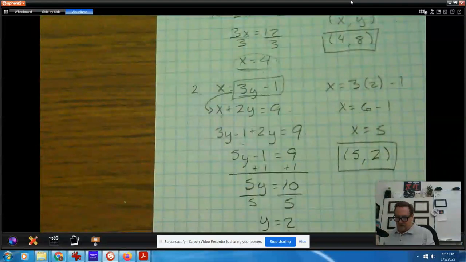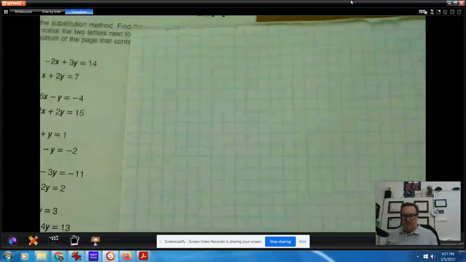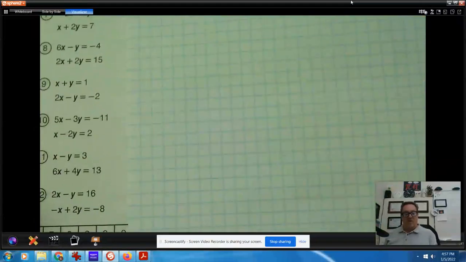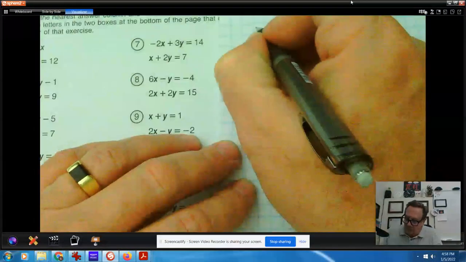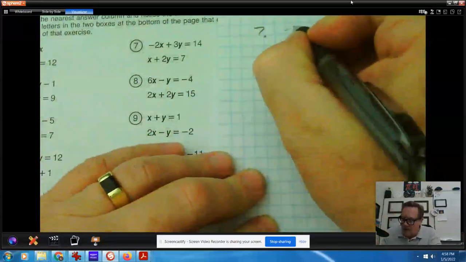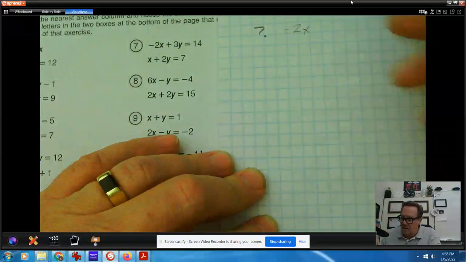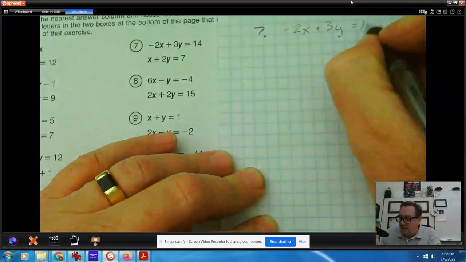Now, all's well and dandy till you come up with something like, oh, I don't know, number 7 over here. Number 7 says that negative 2x plus 3y is equal to 14.